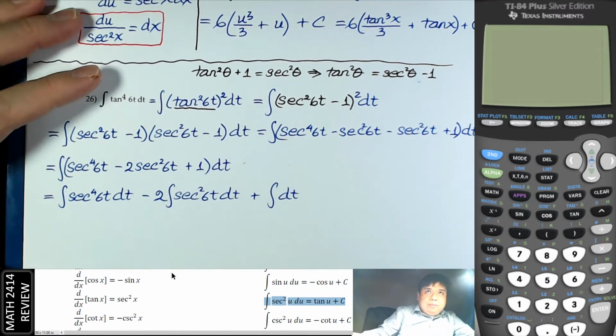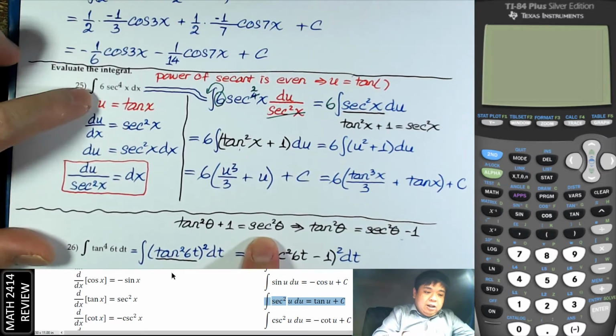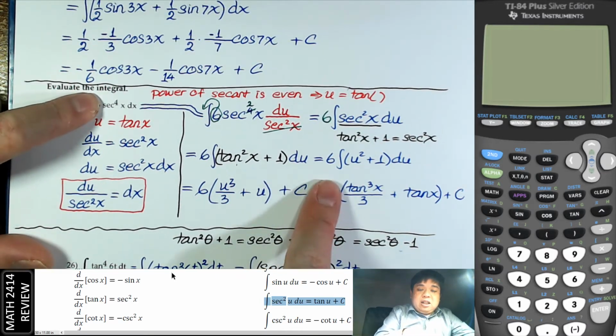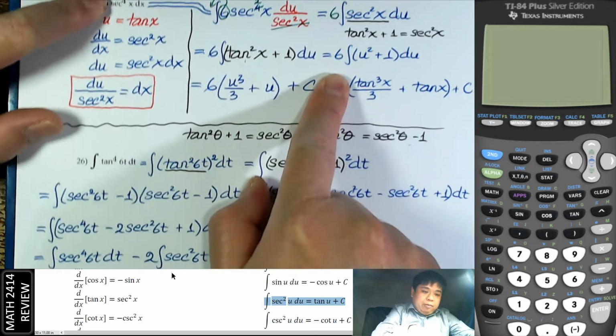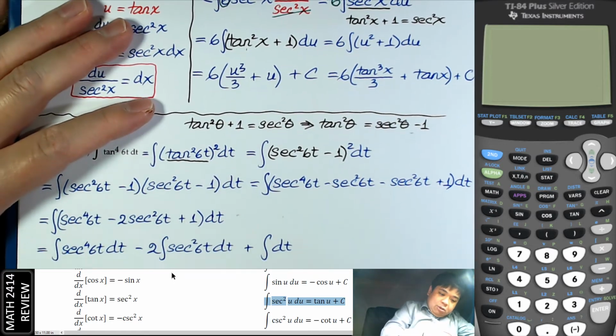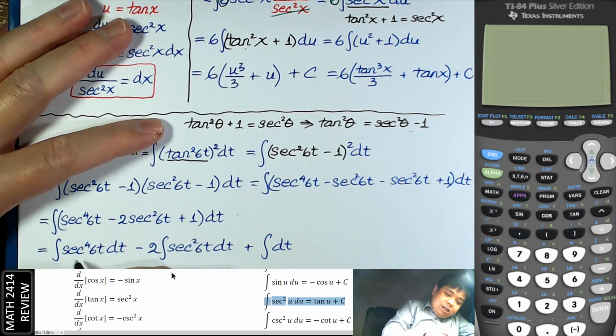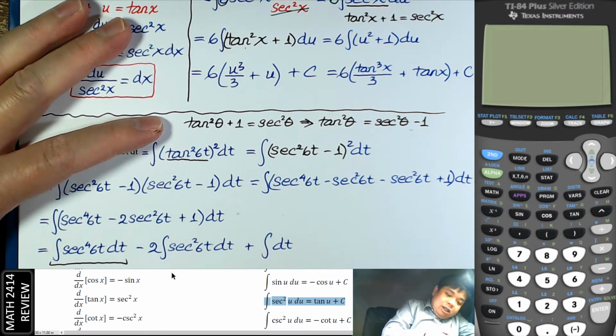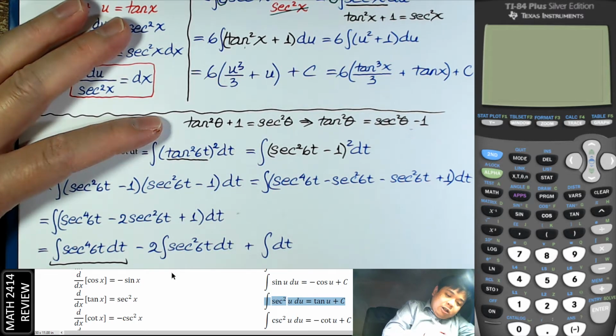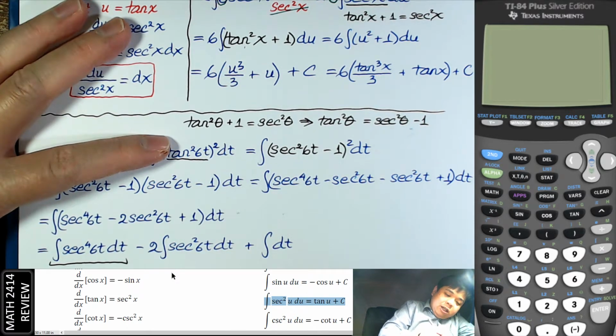Now the first one, again, because of the 6 in the beginning, the 6 at the end, I'll just take them out. For this integral, it is going to be tangent to the 3rd of 6t over 3 plus tangent of 6t.